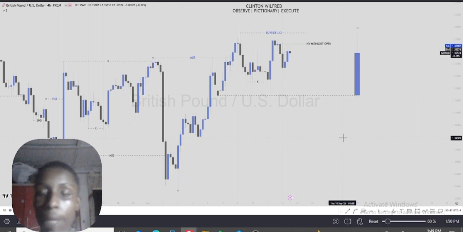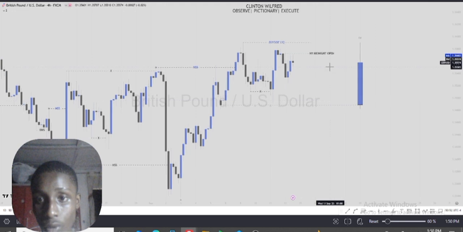That's price sweeping out Asian range liquidity, then look for either shorts or buys during the London session or New York session. That's basically what I look for every morning I come to the chart.